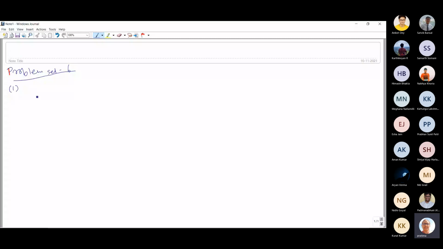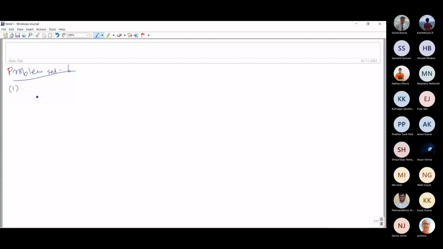So problem number 1, what is your answer for this? It is given that G is an r-regular connected graph. The number of vertices is 12.